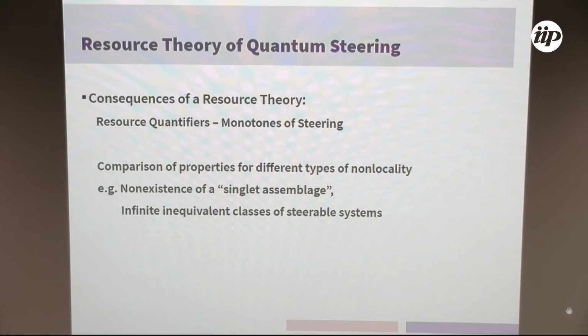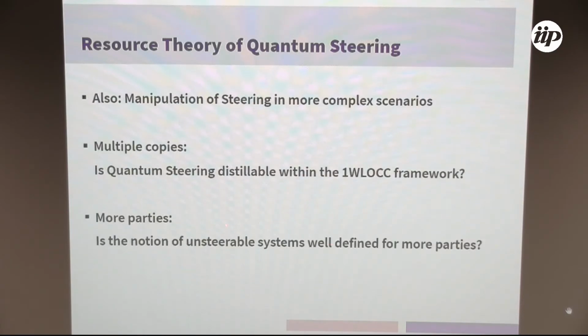Here you have that this is non-existent. We have infinite classes of assemblages, and this also opens up the door to explore more complex scenarios with quantum steering.